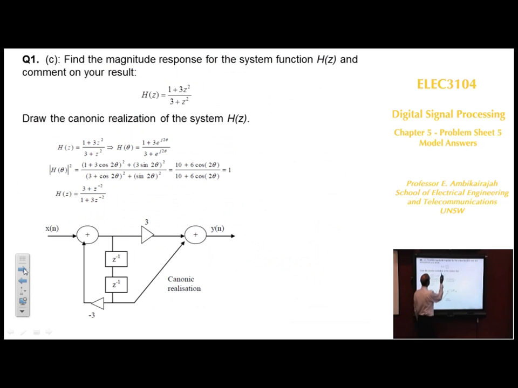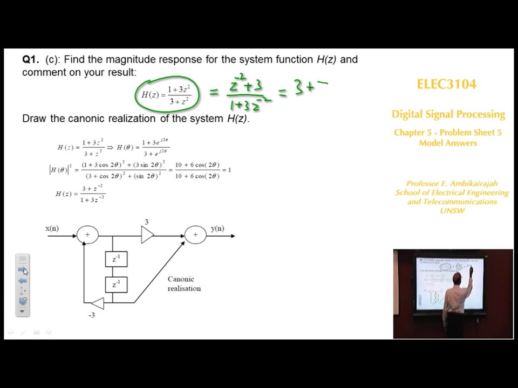Find the magnitude response of this system. That's what this question is. So you should normally rewrite this as z to the minus 2 plus 3 over 1 plus 3 z to the minus 2, or the other way around. So it should be like this, right? 3 plus z to the minus 2 over 1 plus 3 z to the minus 2.